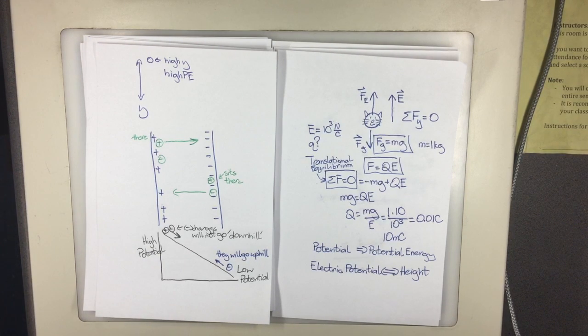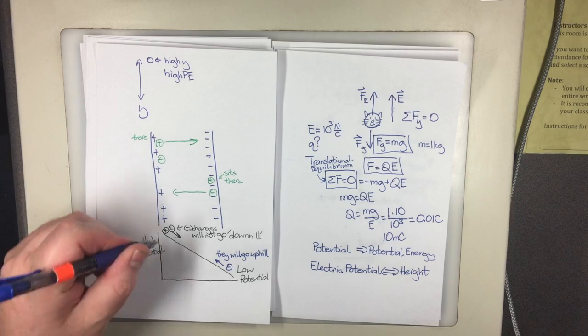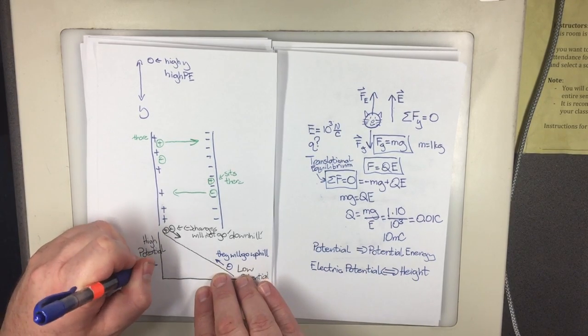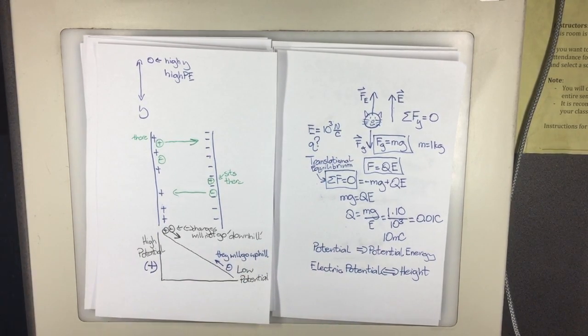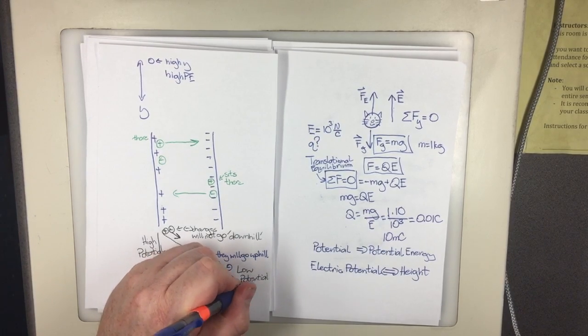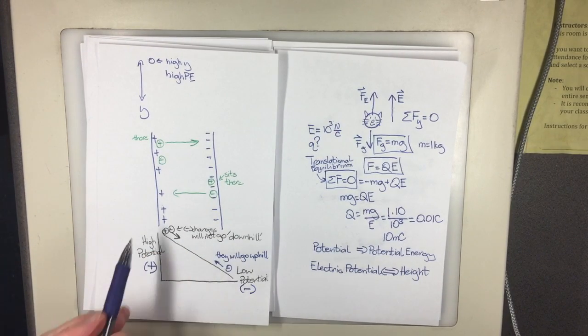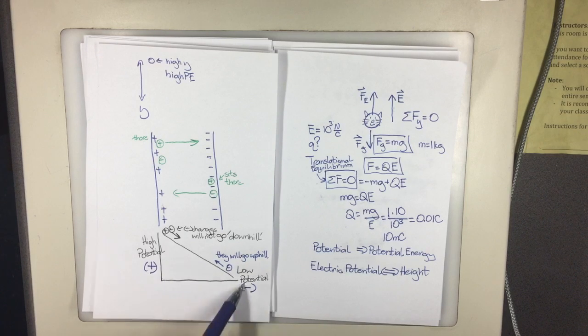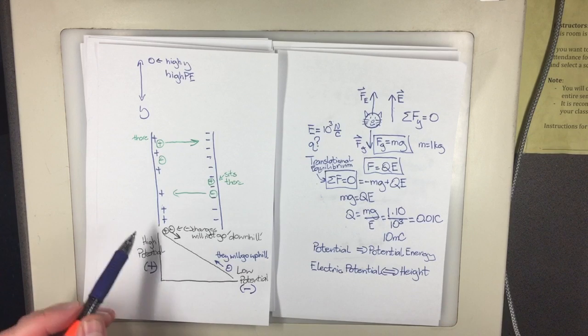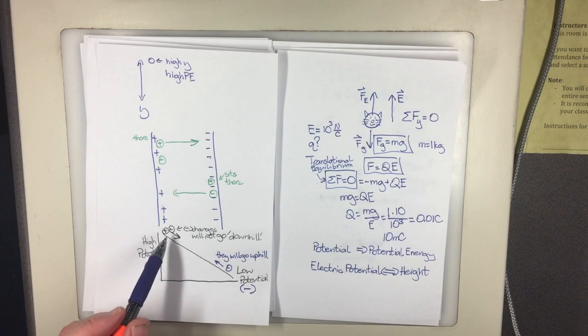Positive charges act like you would think mass does. Negative charges act in the perfectly opposite direction than what you would normally think. And the high potential is associated with the positive charge, so it kind of makes sense. The low potential is associated with the negative charge. Negative charges are repulsed by negative particles, so they get repulsed uphill.